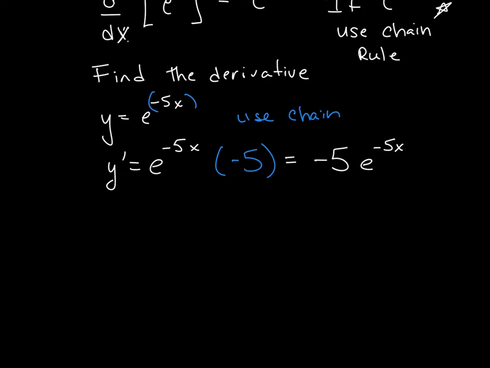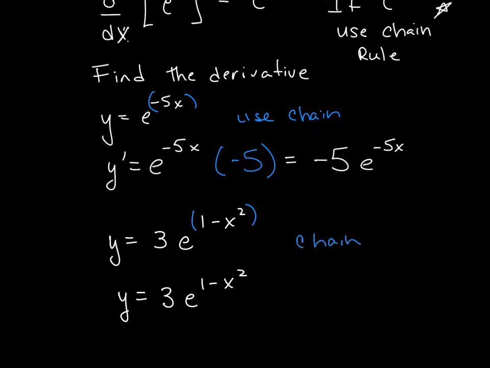So if it was y equals 3e raised to the 1 minus x squared, the 3 stays as your constant, e to the 1 minus x squared stays there, and then use the chain rule, and that gets multiplied by negative 2x.